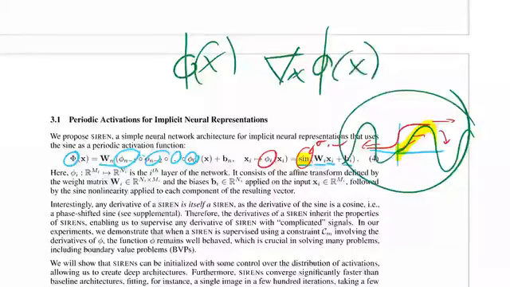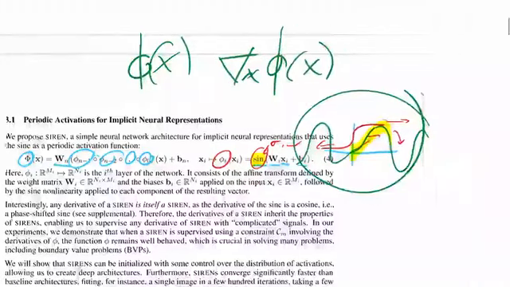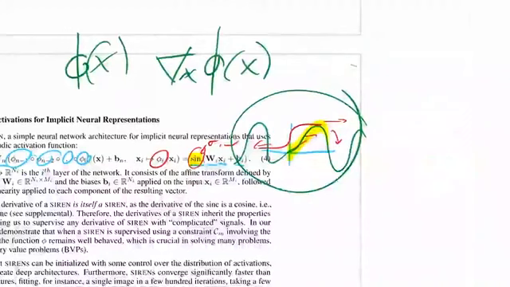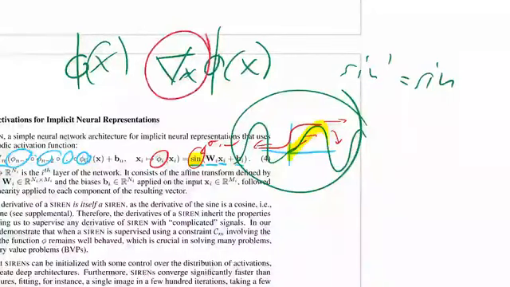And the cool thing about this is, what's the first derivative of a sine wave? It's, of course, a sine wave that's shifted. So it's a cosine, which is a sine wave that's simply phase shifted. And then the next derivative, again, is a shifted sine wave, and so on. So the derivative of a siren is a siren.